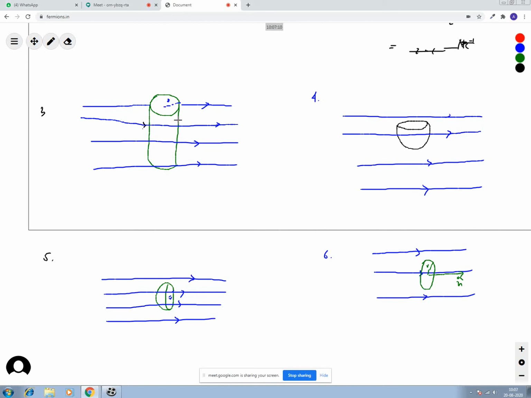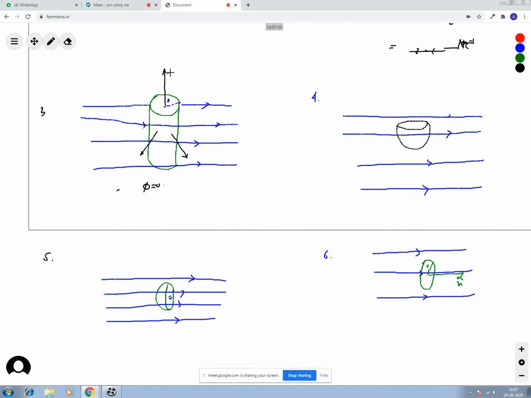So if you solve this, you are going to get some magnitude, some value. So that is the number of lines that is passing through the surface. Clear? Newton per coulomb, whatever the value. So in fact, sorry, I did not give radius. So it should be Newton per coulomb meter square.